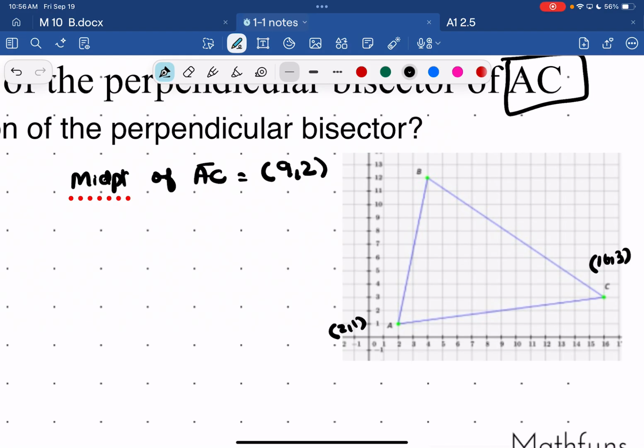Midpoint, so it will be somewhere over here. Because it's a perpendicular bisector, we need the perpendicular slope, so that a line would go through it. First of all, give me the slope of AC.